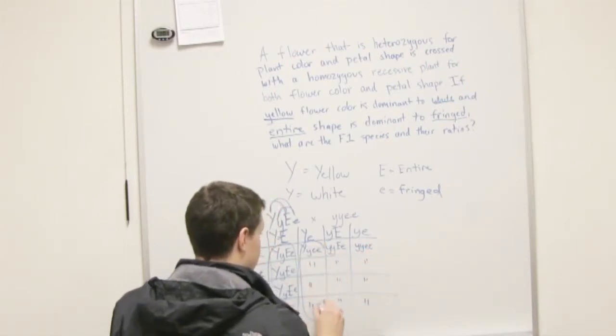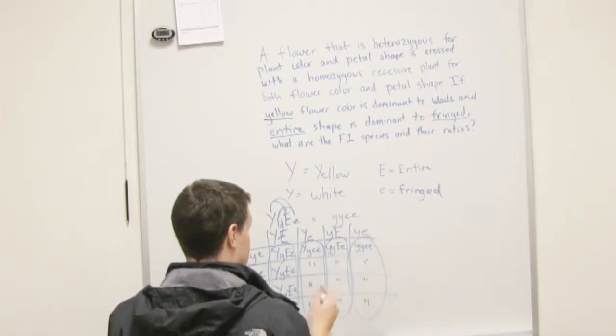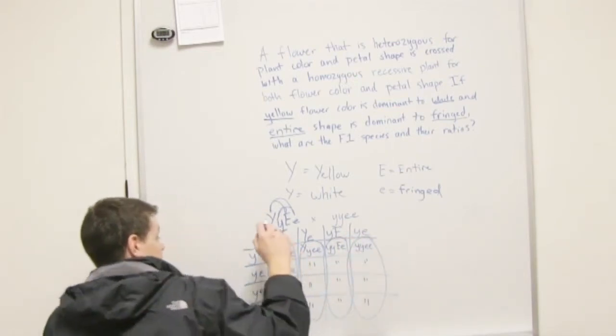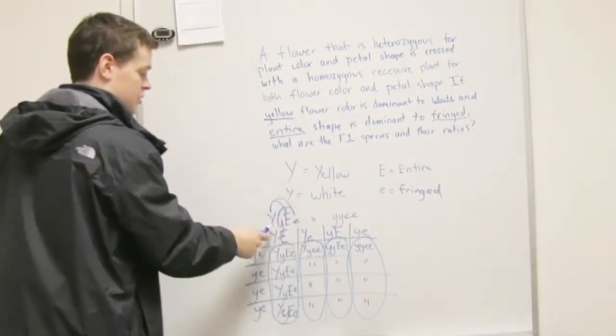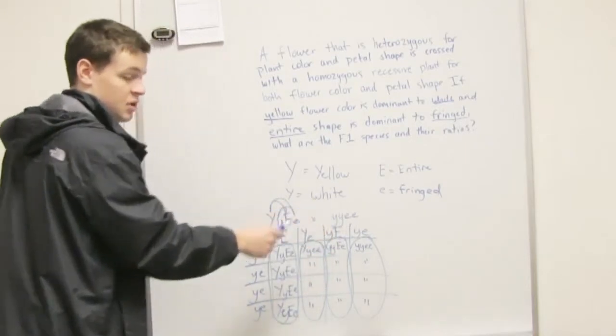So you'll notice we have 4 possible groups in the F1 generation when crossing heterozygous for both with homozygous recessive for both.